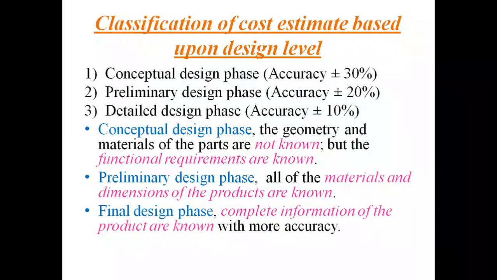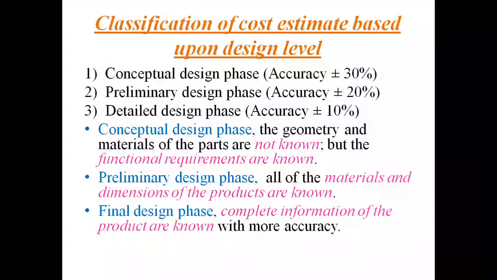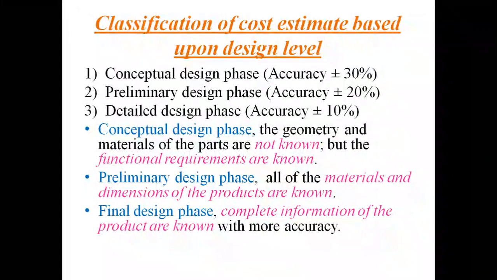As the name implies, conceptual estimates are generally made in the early phase of the project or product. The accuracy of conceptual cost estimate is plus or minus 30%. The cost estimate methods used at this level are factors method, material cost method, and function method, or parametric cost estimating.